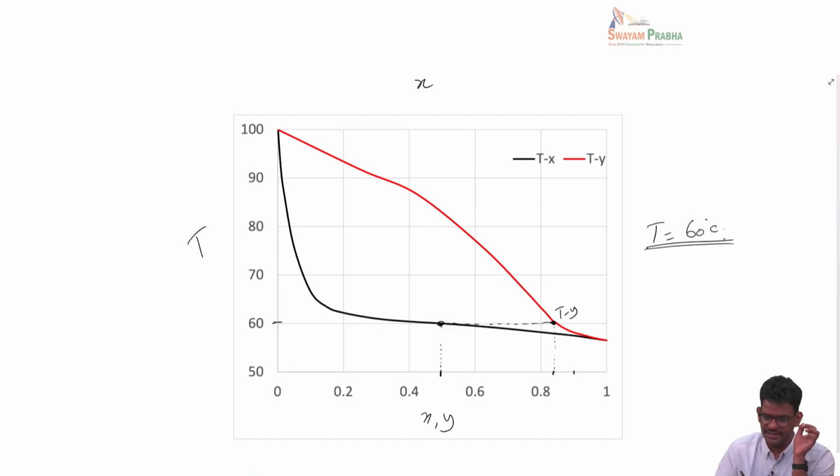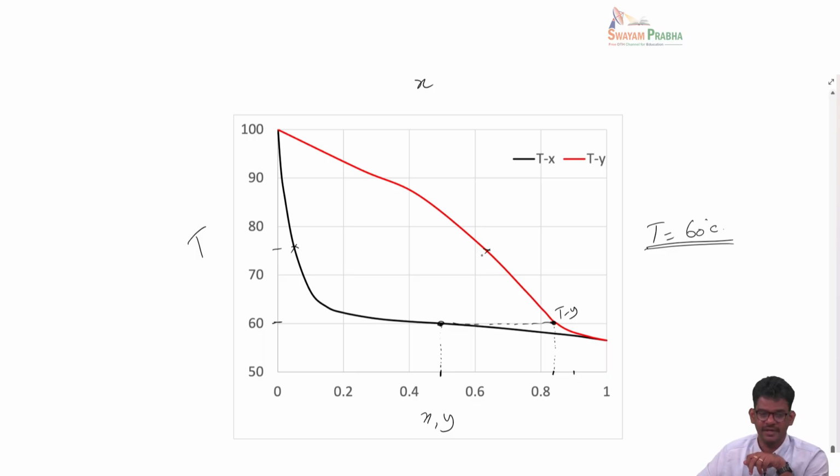Now I can change this problem slightly. I can say that the drum was operating at 1 atmospheric pressure, and the equilibrium temperature in that drum is, let's say, 75 degrees Celsius or something. If I mention the temperature, from this TXY diagram you can know the corresponding X and Y values.